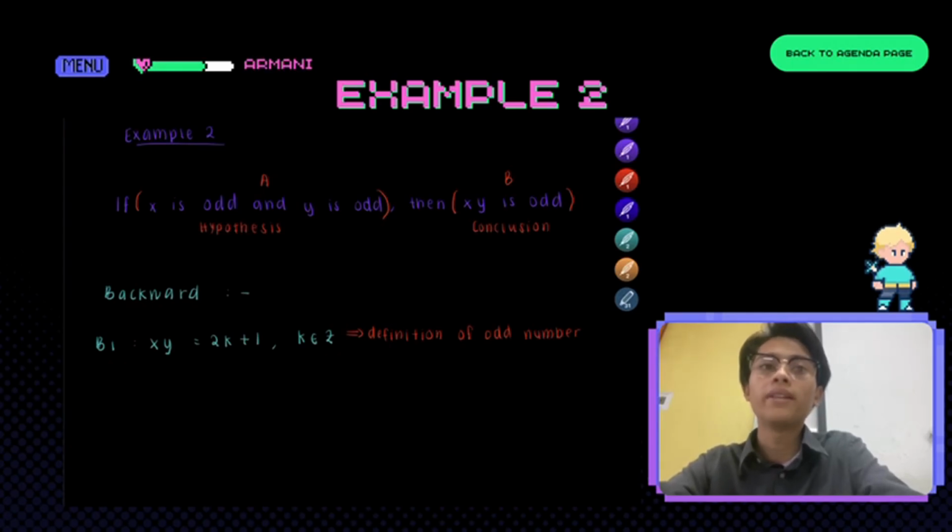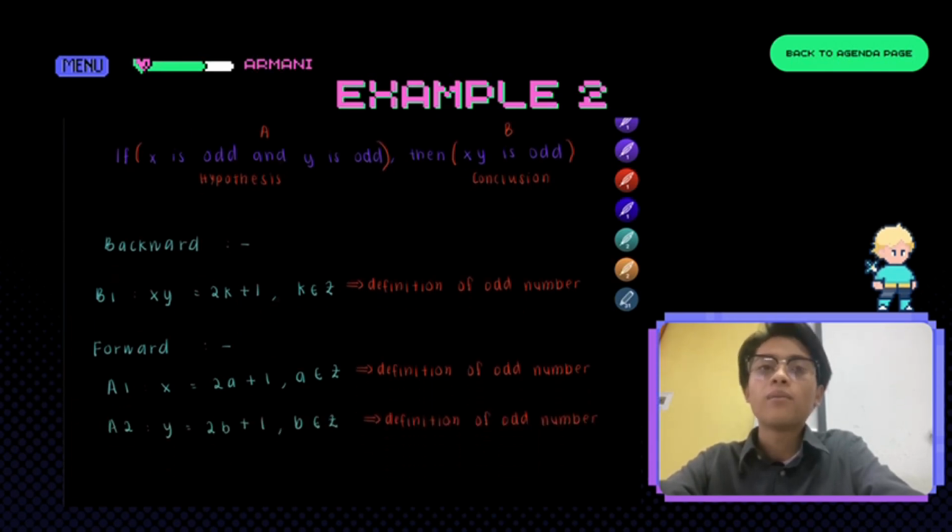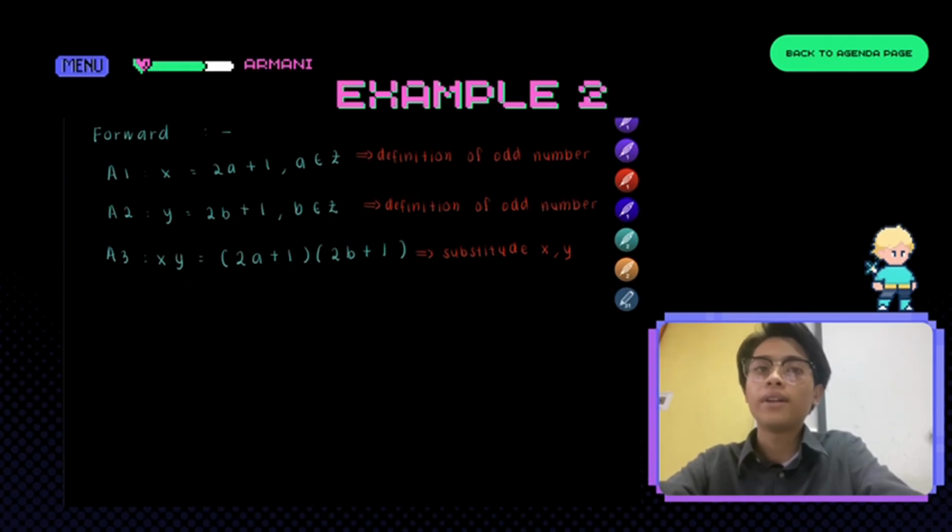And now the forward method. A1, x equals 2a plus 1, a is an integer. A2, y equals 2b plus 1, b is an integer. Both of these we got from the definition of an odd number. A3, xy equals 2a plus 1 times 2b plus 1, which we get by substituting x and y.